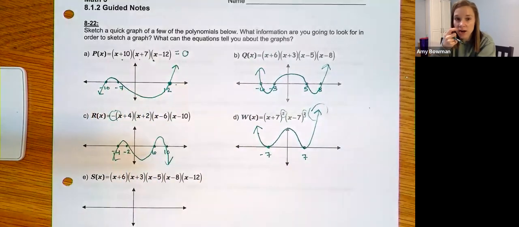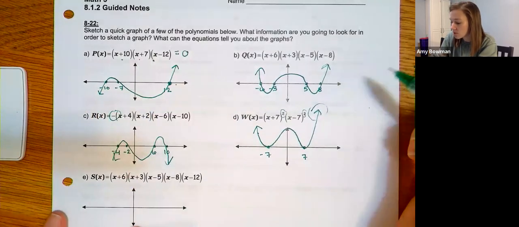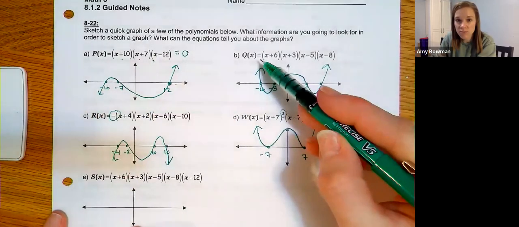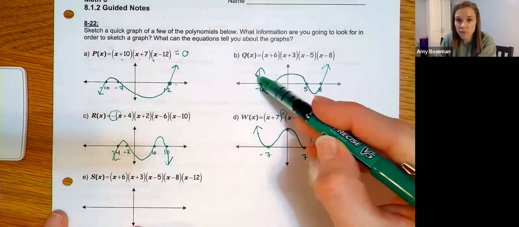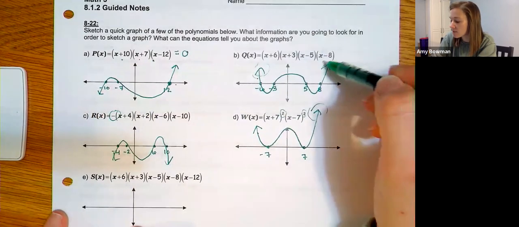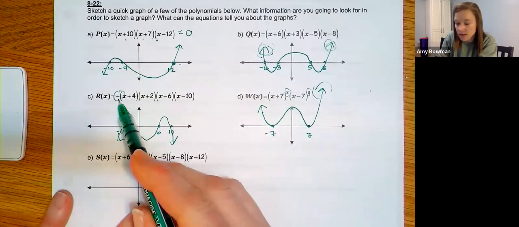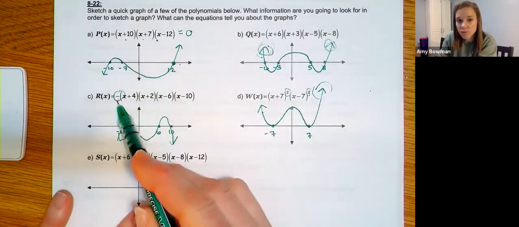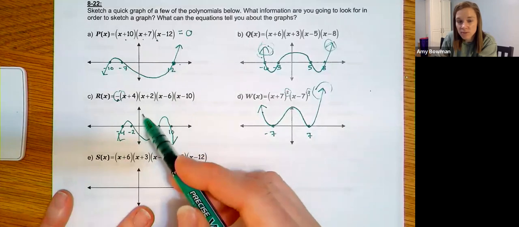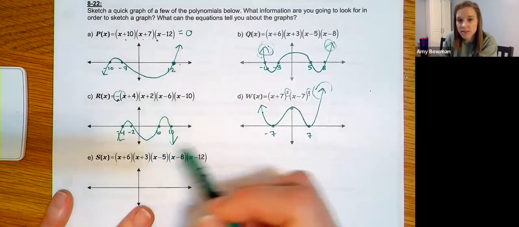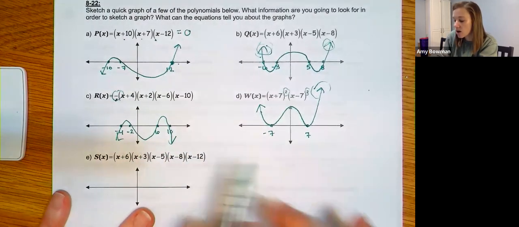In other words, our x-intercepts. We also figured out that if our leading coefficient is positive, then for these fourth degree polynomials at least, that end behavior, they both point upwards. And then like in example C, that negative out front means everything's flipped over the x-axis. So this is kind of where we left off.